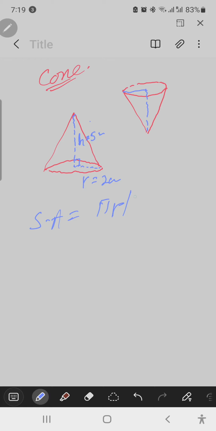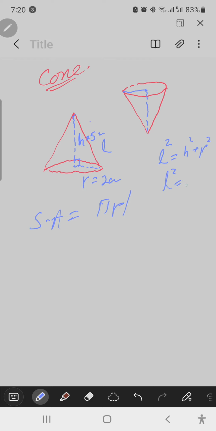We have R but we don't have L, so to find L we'll use the Pythagoras theorem, because we have L here, and this L is the hypotenuse, and this radius is the base, and this H is the height. So it is important that you must know which one is the hypotenuse. So we can write here L square is equal to H square plus R square.